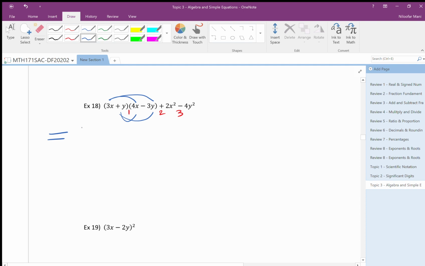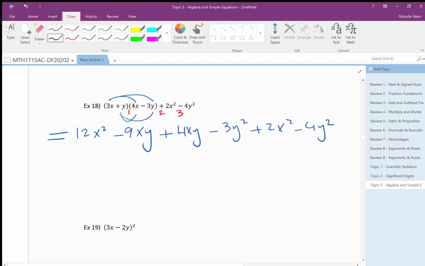So it is 12x squared minus 9xy plus 4xy minus 3y squared plus 2x squared minus 4y squared, which I have from the beginning. This one and this one are together, this one and this one together, this one and this one together.